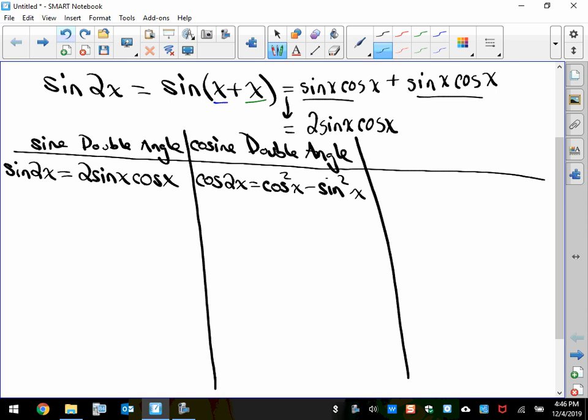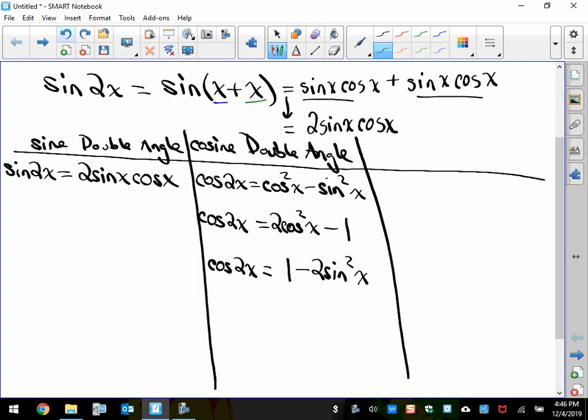So that's one way to represent cosine 2x. These are 2 other ways that we can represent cosine 2x. It's going to be 2 cosine squared x minus 1. There's one way, and here's another way. So 3 different ways that we can represent it: 1 minus 2 sine squared x.